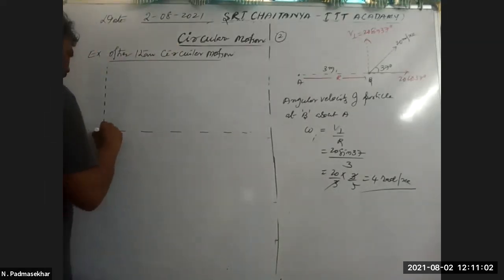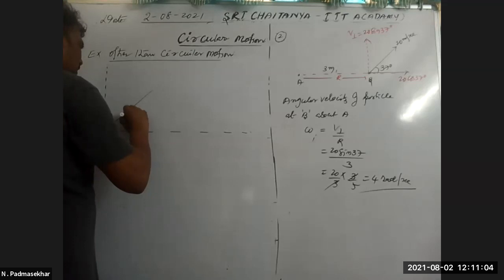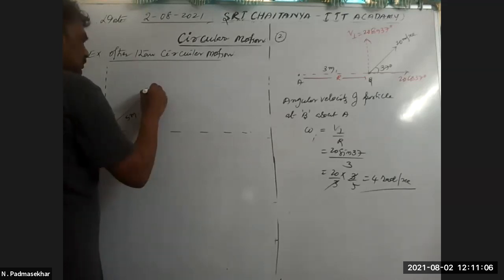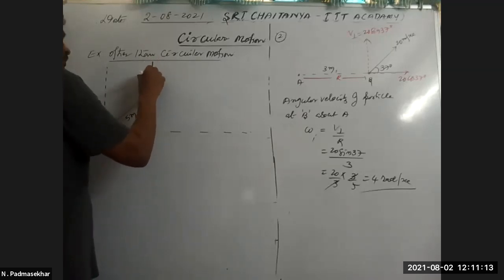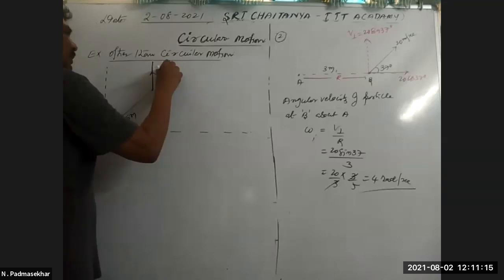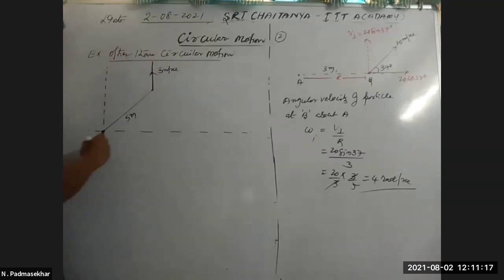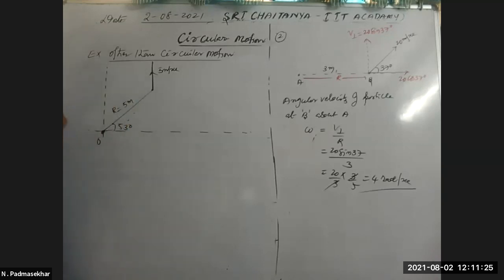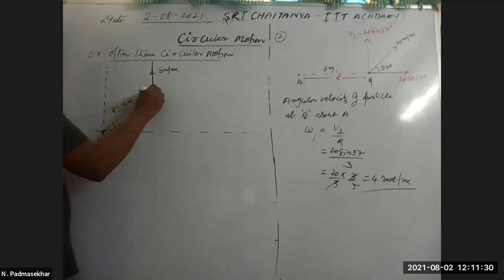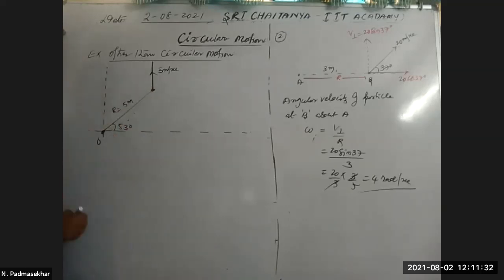This is 5 meters, and here it is going with a velocity of 5 meters per second. This angle is 53 degrees. So it is R. What is the angular velocity of the particle about this point?